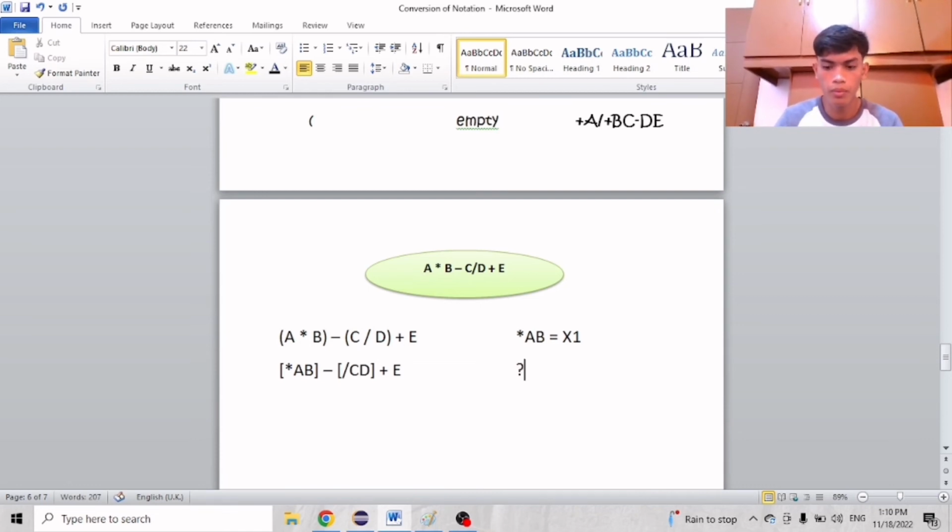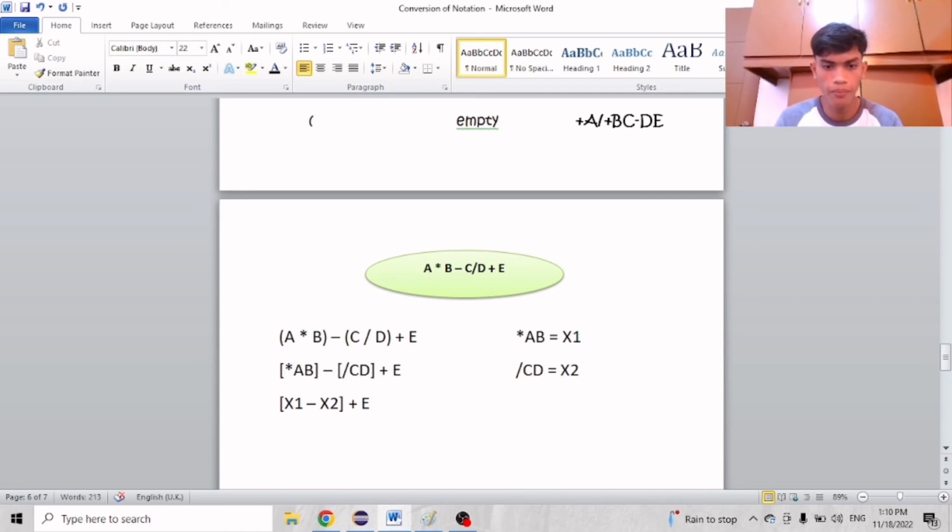Then the CD will be converted into X2. So it is simple to place. So here X1 minus X2 plus E. So simple, right?